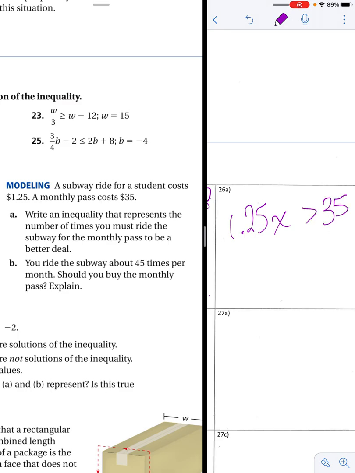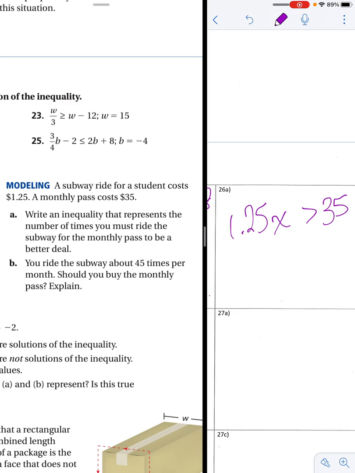So $1.25 per ride, we want it to be greater than $35. Because if you continually ride this bus maybe every single day and it's $1.25 per day times the number of days, you would rather pay the monthly pass for $35 if that would be cheaper.